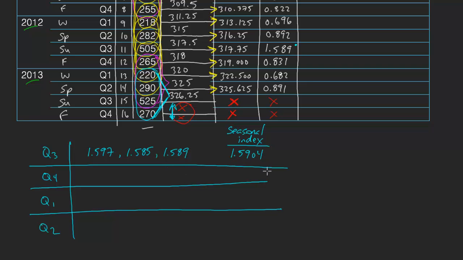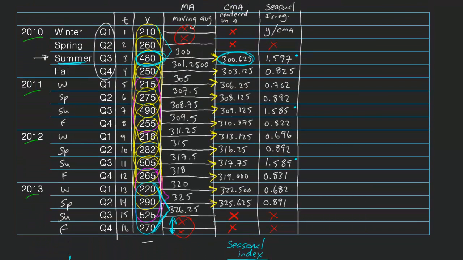As long as we keep every Q4 reading along the same line, every Q1 reading has to go here, every Q2 reading has to go there. So let's look at our Q4 readings. Those are going to be the ones right after each of our summer ones. So here, here, and here.